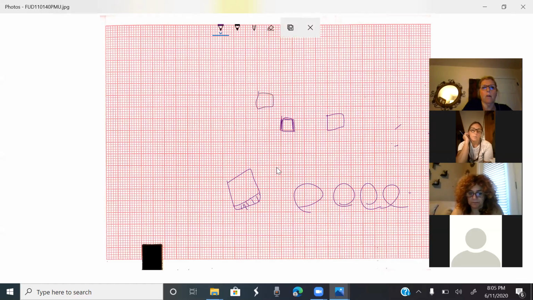They're bigger. I can't draw straight, but you see that these boxes here on your graph paper, each of those boxes is the same size, right? And how many little boxes are in each of those?